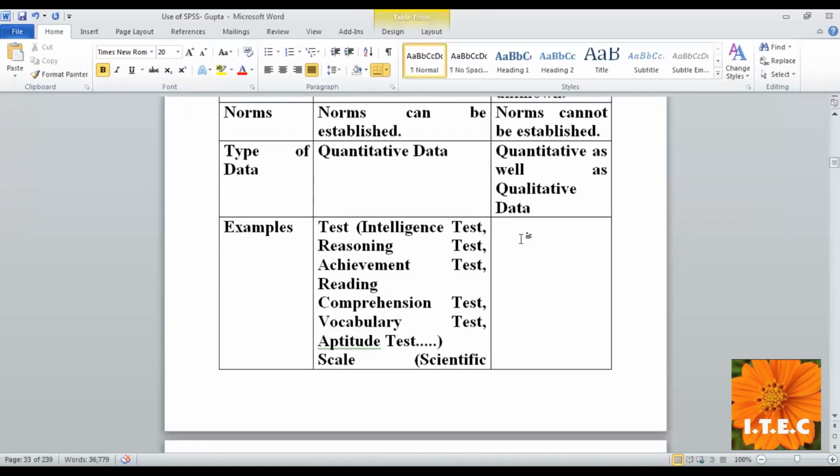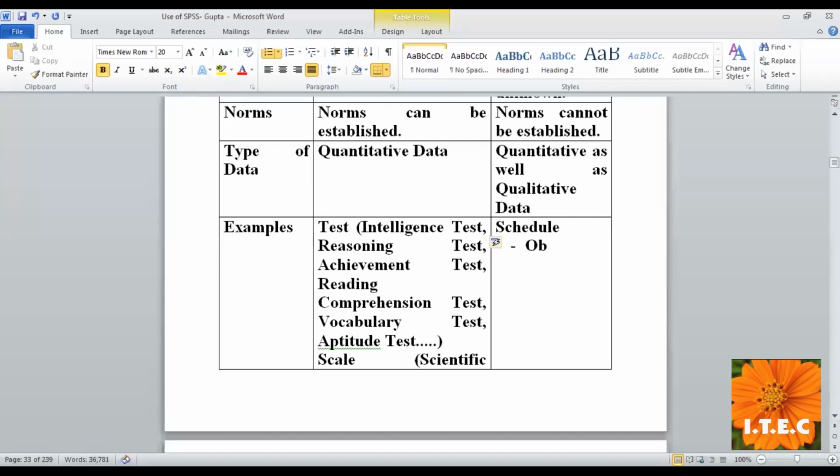Now, the unstandardized tools are, one is called schedule. The schedule can be of two types.